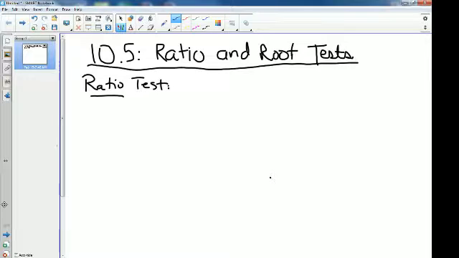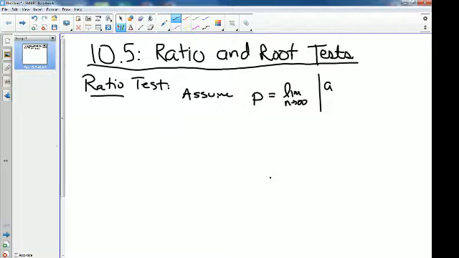Basically you're going to use a limit here, and it's going to give you an answer that tells you the convergence or divergence. But you have to do one thing first. Your book uses P. So it's another one of these infinite limit tests.